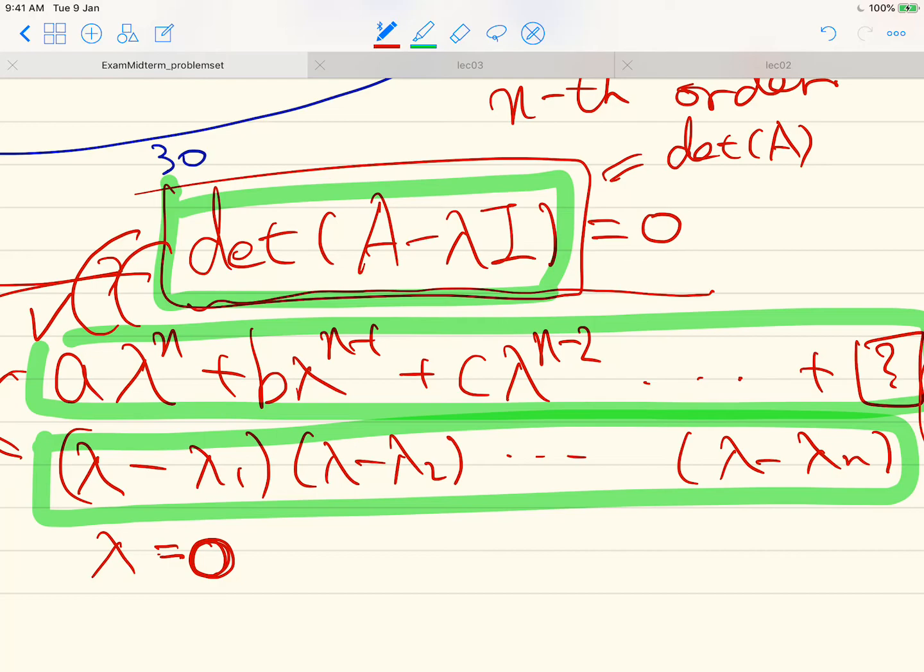So we obtained that the determinant of A is actually the product of all lambdas, lambda 1 through lambda n, which are our eigenvalues. Although I just ignore the sign, right? So this is how we can prove this.